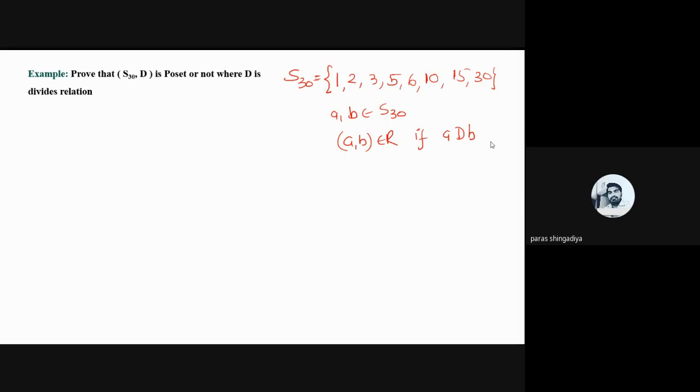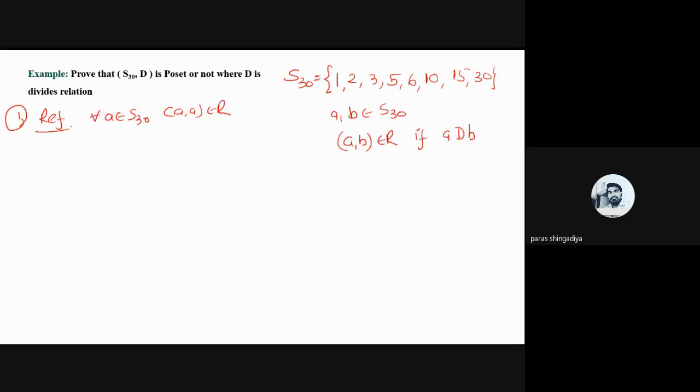And now let us check whether it satisfies the reflexive condition or not. First condition, reflexive. And we have that for every A belongs to S30, we'll check that A comma A belongs to R or not.